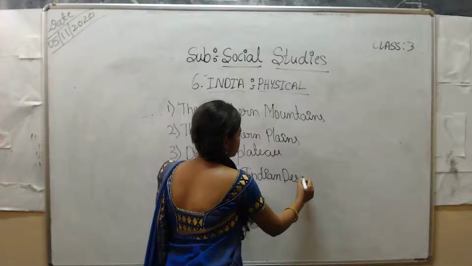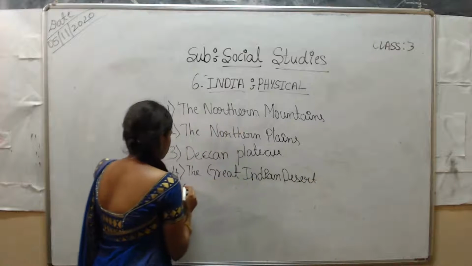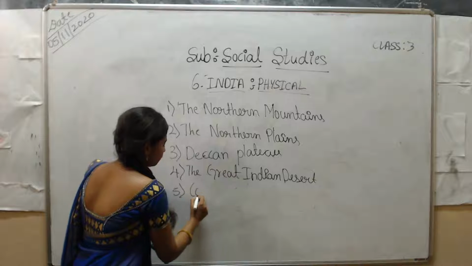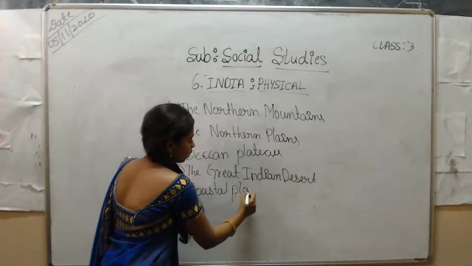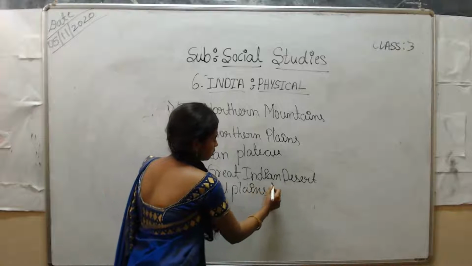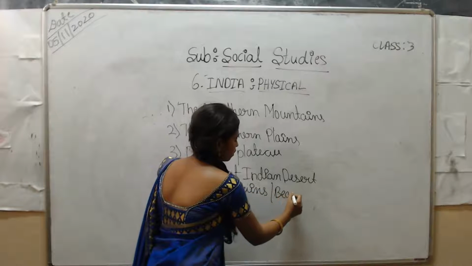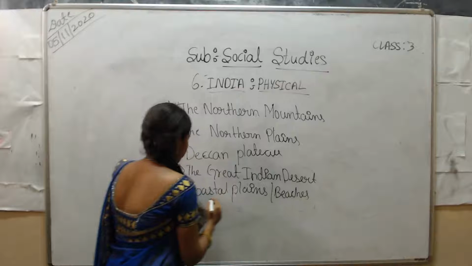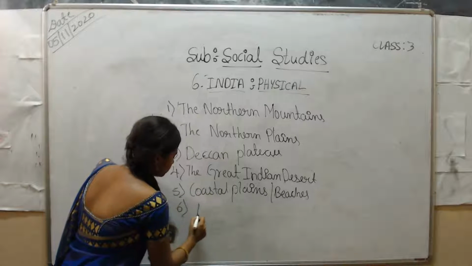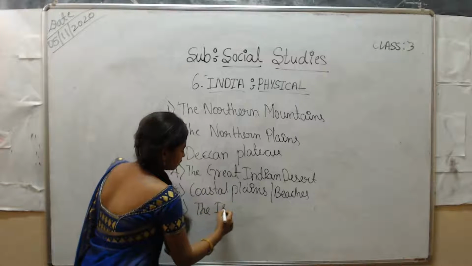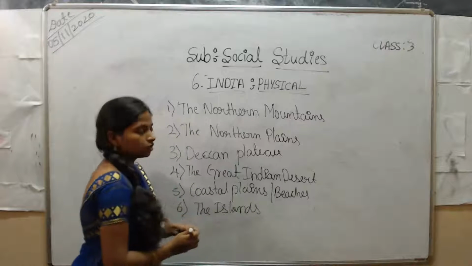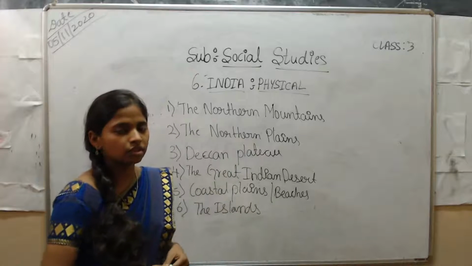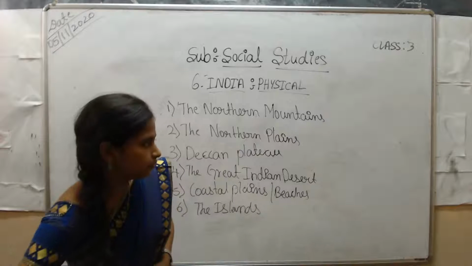Fifth one, the coastal plains. You can also call them beaches. The last one is the islands. These are the six main physical divisions in our country.